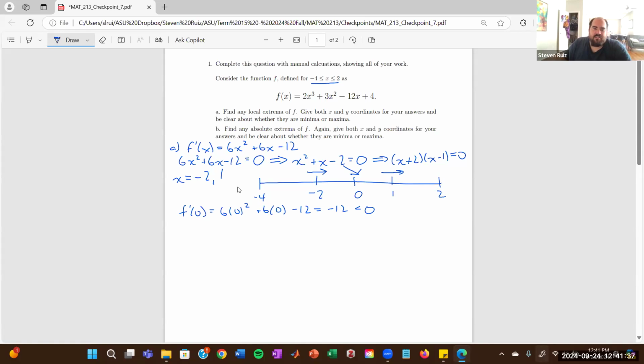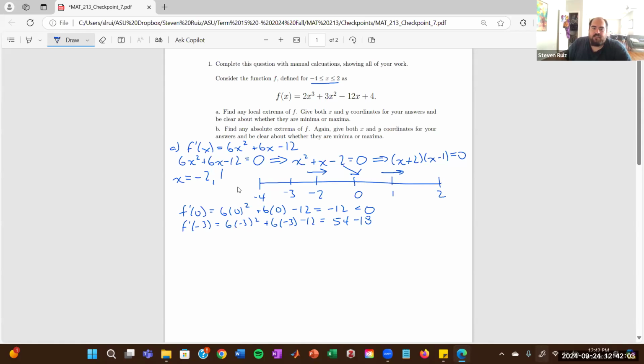Now what can I do? I'm going to test the function at -4. Actually, let's do -3. So f prime of -3 is equal to 6 times -3 squared plus 6 times -3 minus 12. So that gives me 6 times 9 is 54 plus 18. Nope, not plus 18.